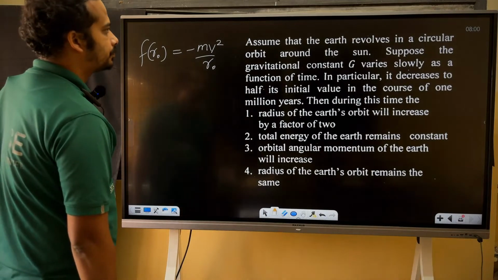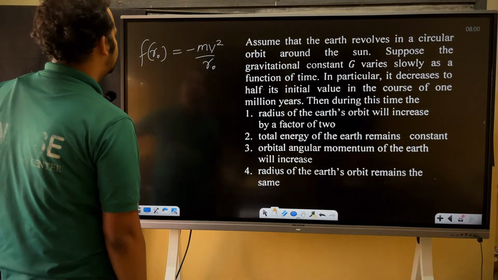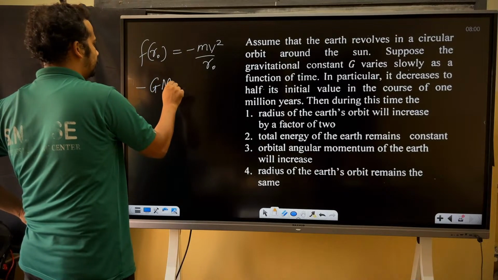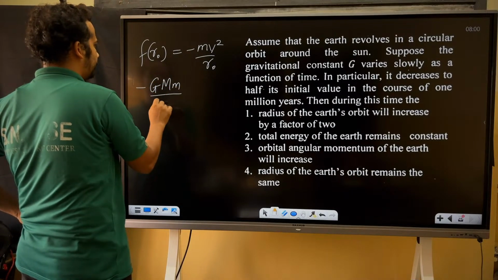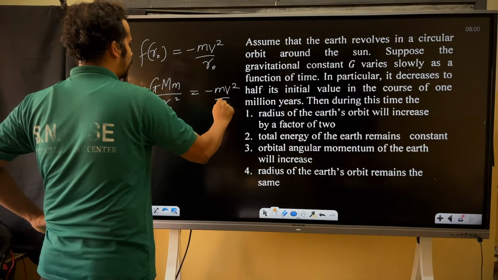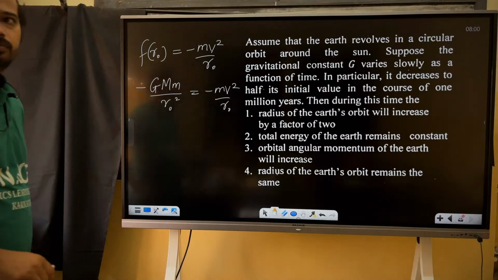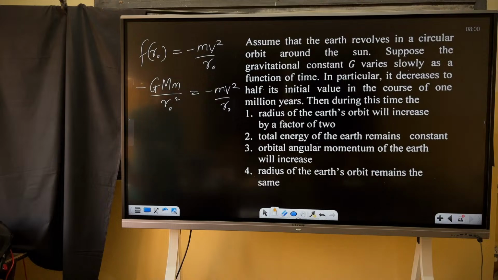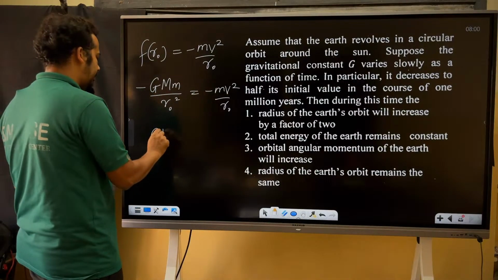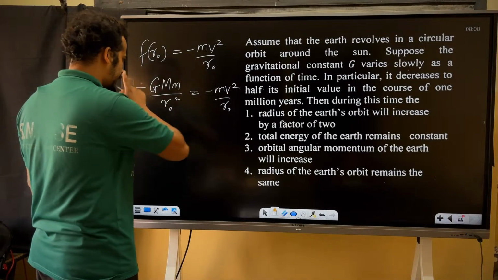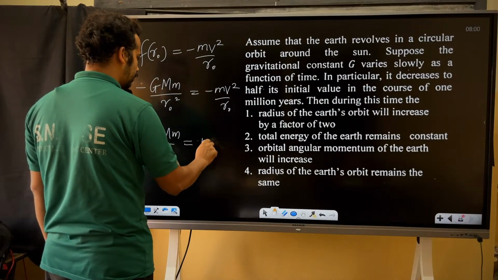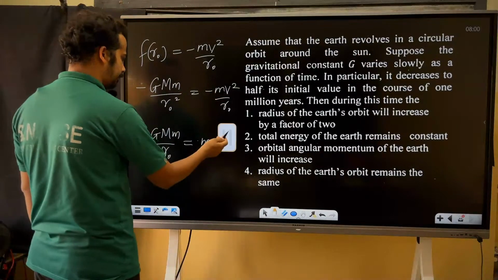This is nothing but minus G M m by r naught squared, equal to minus m v squared by r naught. Only one r naught will remain: G M by r naught equals v squared.